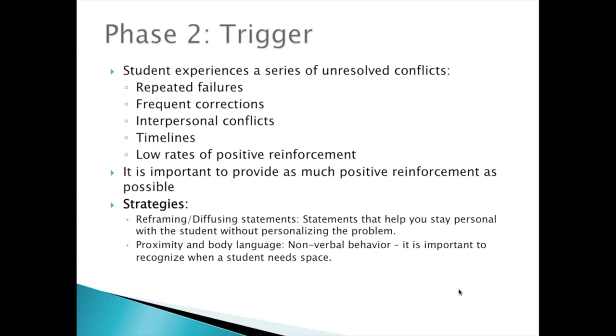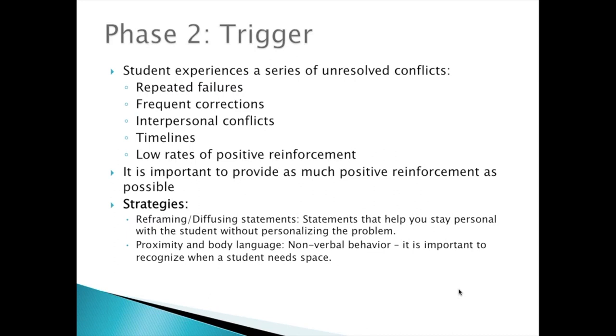All of these, and certainly more, could be the source or the trigger for coming out of that calm phase. Under Colvin's research and in environments of positive behavior supports and de-escalation and prevention, there is an emphasis on providing as much positive reinforcement as possible in class, and certainly at the trigger phase, being able to increase that rate of positive reinforcement is critical.